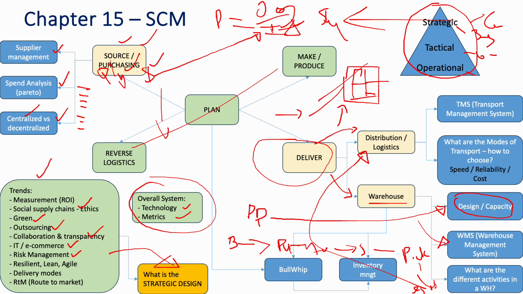Okay? And distribution and logistics uses a transport management system, again, another module within the ERP platform, which talks to how you go about planning your transportation to optimize your loads, your vehicle utilization, that type of thing. The different modes of transport that we get, you have to decide what you use. So you've got road, rail, flight, ship. Each one comes at a different cost, gives you a different lead time or speed and a different level of reliability.